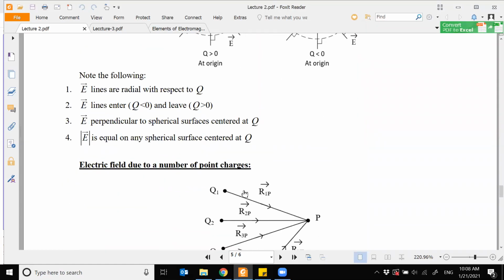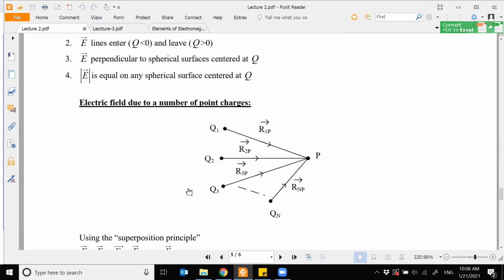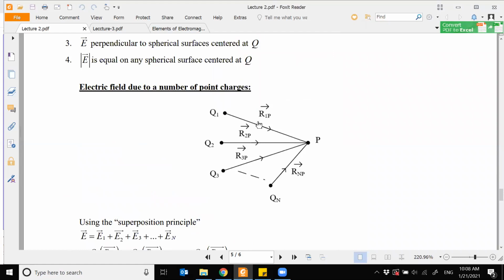Okay. Now, if you have, instead of one charge, several charges in free space, like Q1, Q2, Q3, Q4, and they all have distance vectors. So this is R1P, this is R2P, this is R3P, this is R4P.